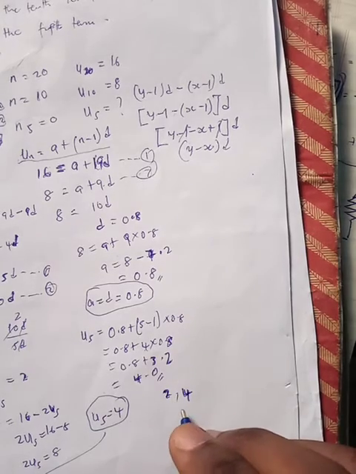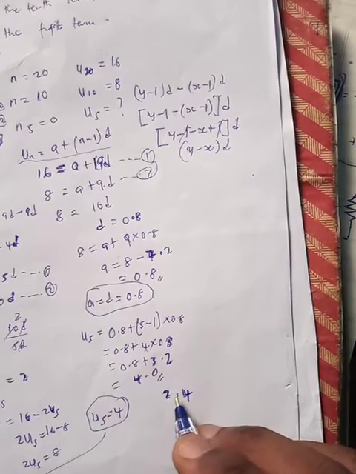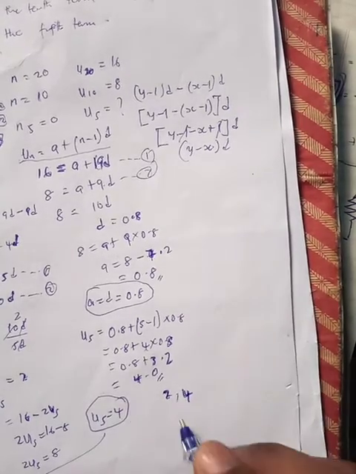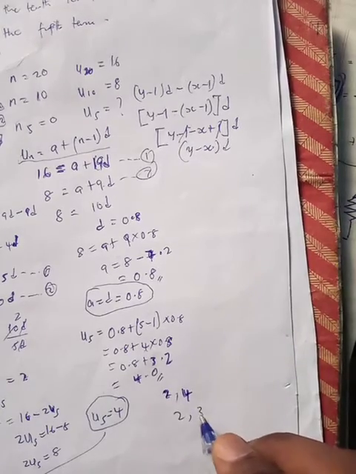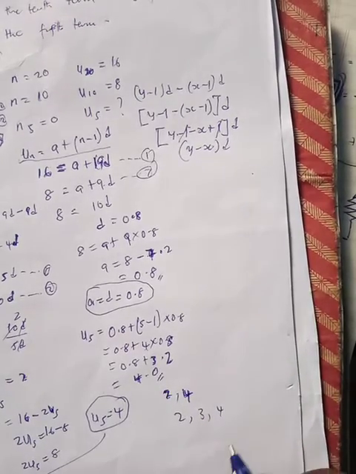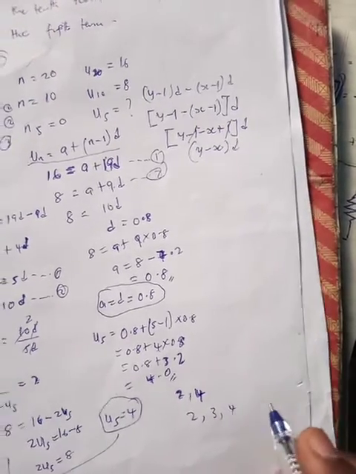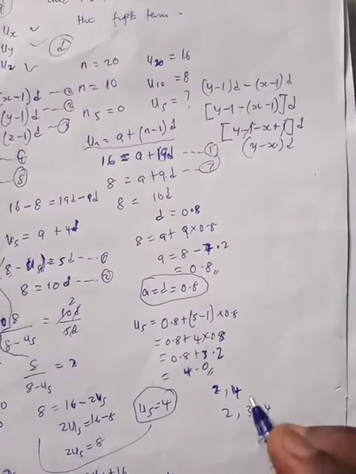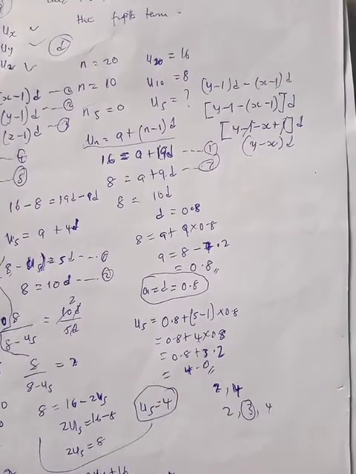Which number do you think will be that? So we have 2, 3, 4. Is there any other number? No, it's only that one. So meaning 3 is the arithmetic mean.